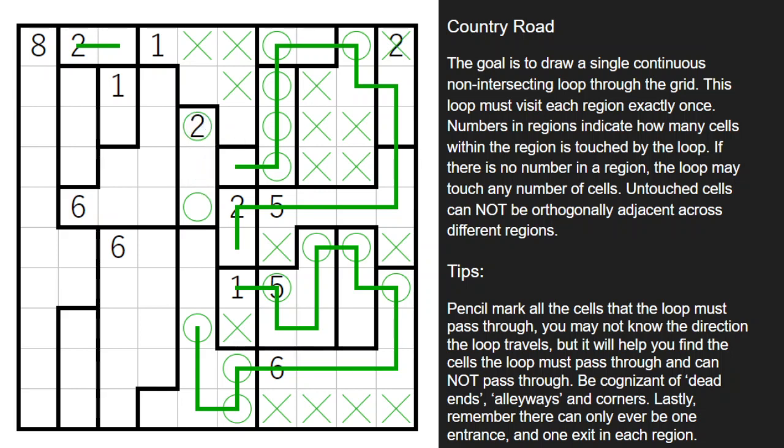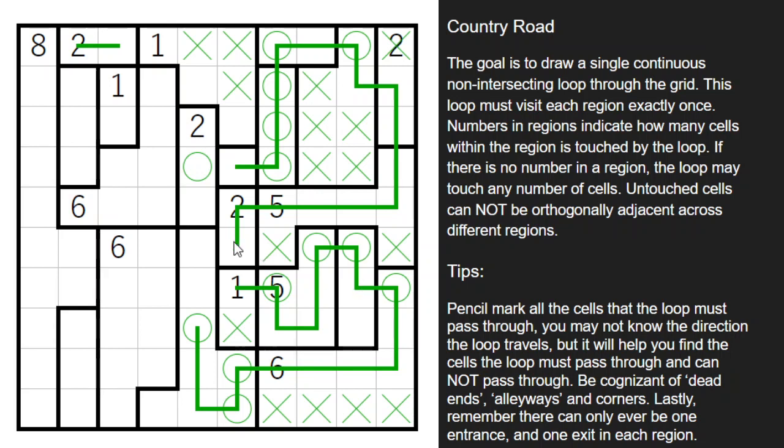Again, remember, once you enter a region, the loop is going to have to touch all the cells it's supposed to touch before it exits. So either way, it's going to be those 2 or those 2, but either way, it has to go through this middle cell. I'm not sure how helpful that is, though.